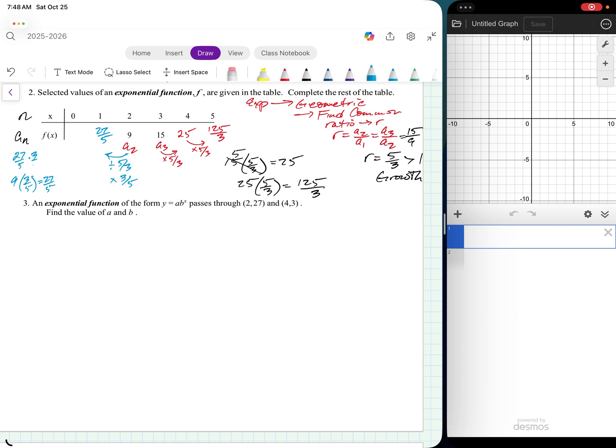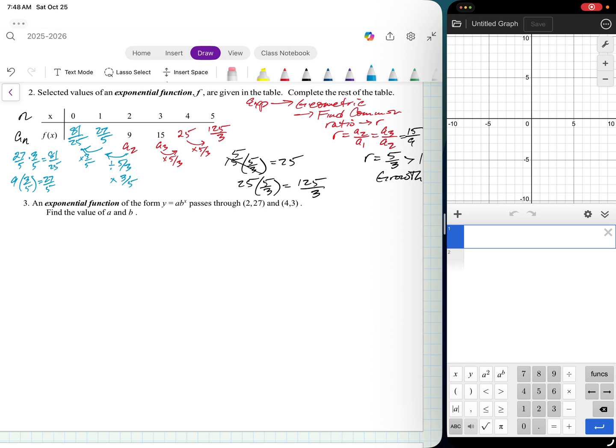27/5 times 3/5 is 81/25. Excuse me. So 81/25. All right. And again, you just keep working backwards. You can either divide by 5/3 or multiply by 3/5, the reciprocal. Let's see here.